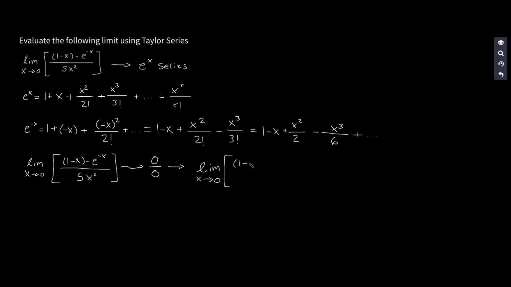So 1 minus x. Then we plug it in for the e raised to the power of negative x. So minus, that's going to stay the same. Then we plug this in, you guys. So then it's going to be 1 minus x plus x squared over 2 minus x raised to the third over 6.